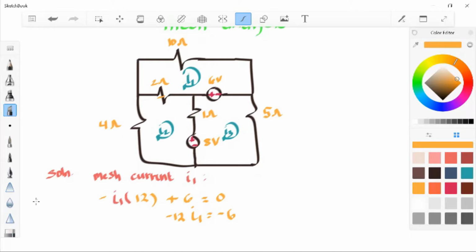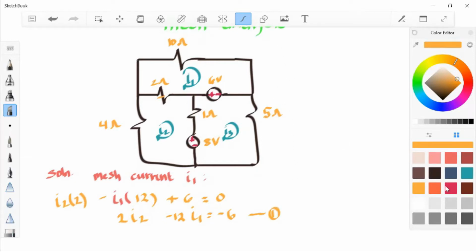Therefore, we write positive I2 times 2 ohms, and positive I3, which is actually a voltage source, and we do not need to write that down because there is actually the potential difference between those two mesh currents. So this is 2 I2, and that will be our equation number 1.